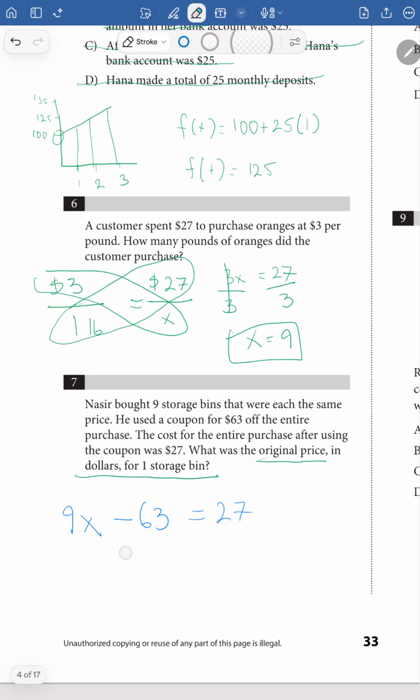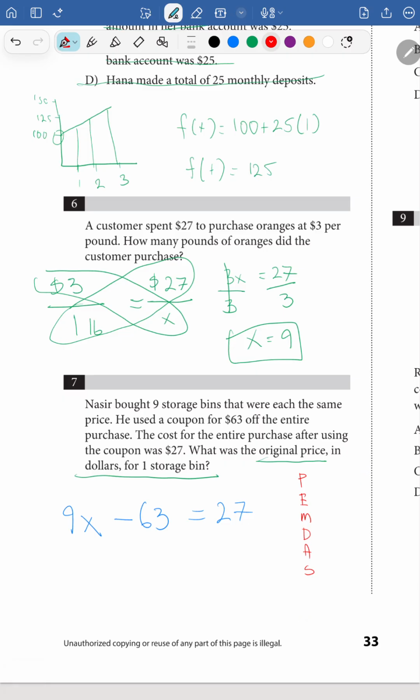So from here, we just solve. This is a 2-step equation because we need to do 2 steps to find x. So here, we can use PEMDAS again. We work in reverse order because we are not solving an expression like 1 plus 1 times 2, but we are solving for a variable.